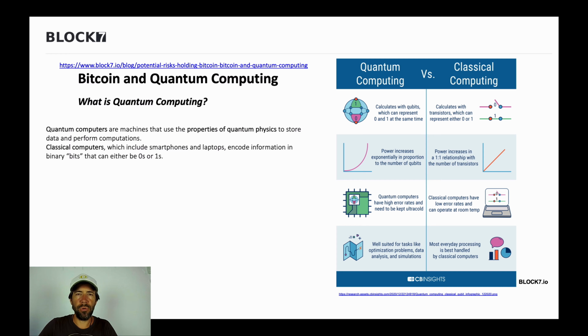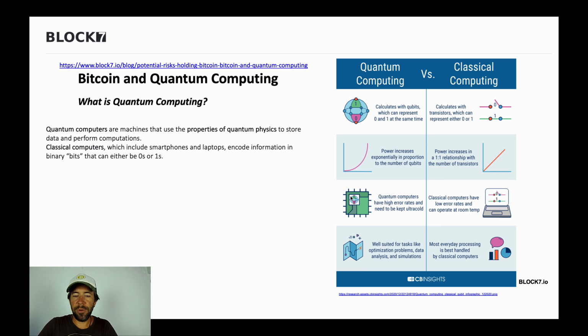So the quantum computer has much more power to actually solve the puzzle. It's working in a very different way. Here you see the scalability basically. So the increase is exponential here, and in the case of a regular computer, it's just a one-to-one relationship.